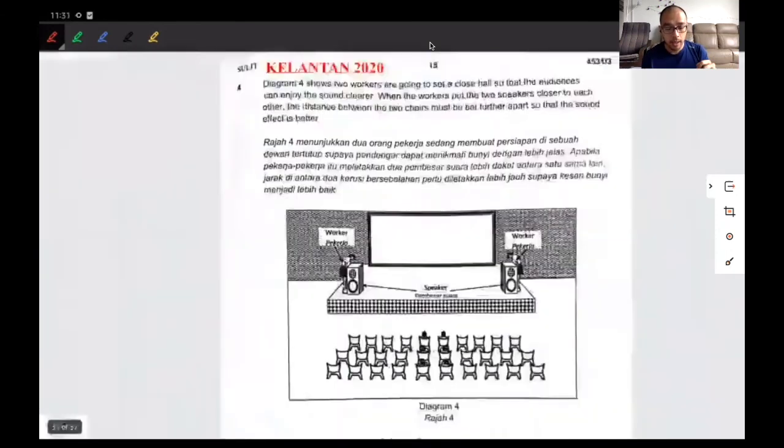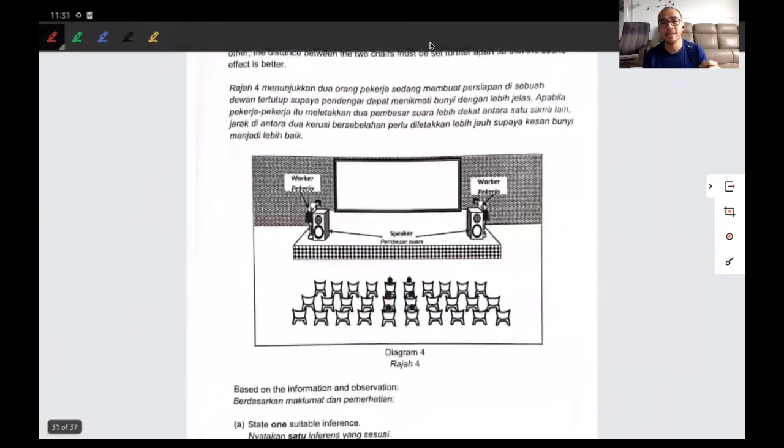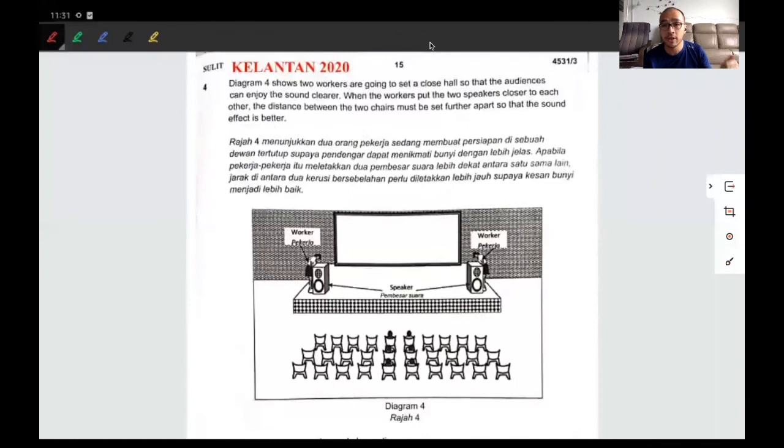Okay, all right. So now we finally come to the experiment questions. Now there are 2 experiments which seem to be very popular in waves, and they are experiments that we've talked about. The number 1 popular experiment is found in Kelantan 2020, which is the interference of sound waves.